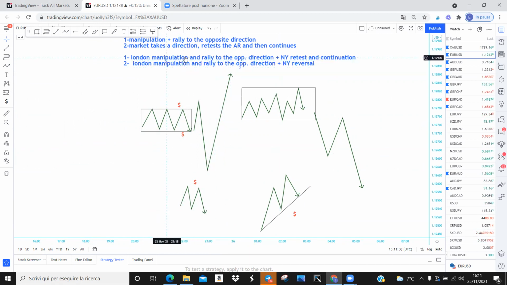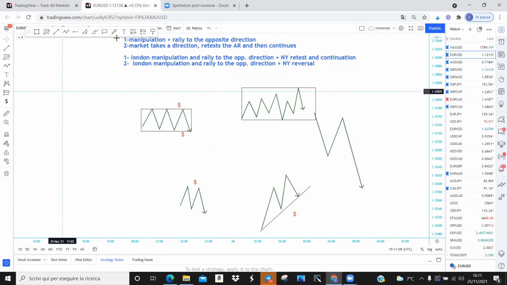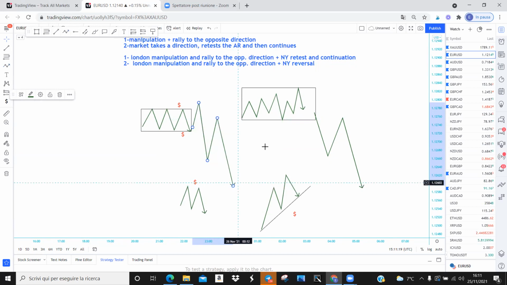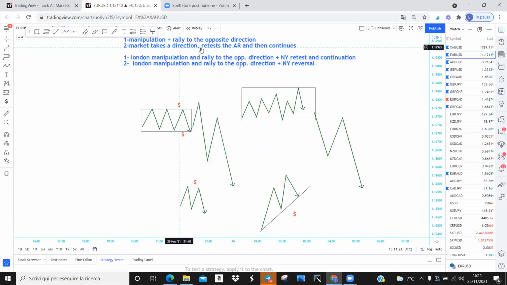We have London manipulation and rally to the opposite direction, plus New York retest, which was this one, London manipulation plus taking a direction, New York retest for a continuation. Then we have the market takes a direction and retests the Asian range and then continues.